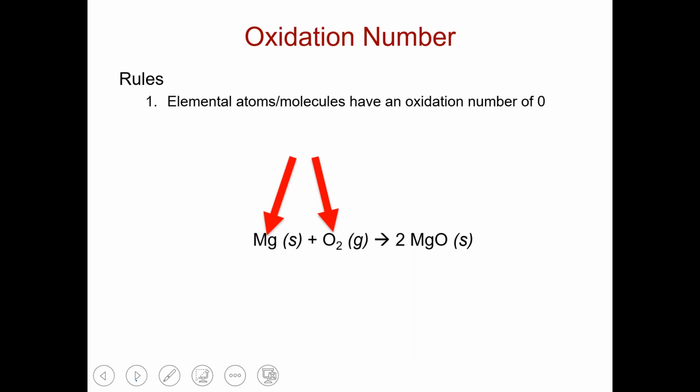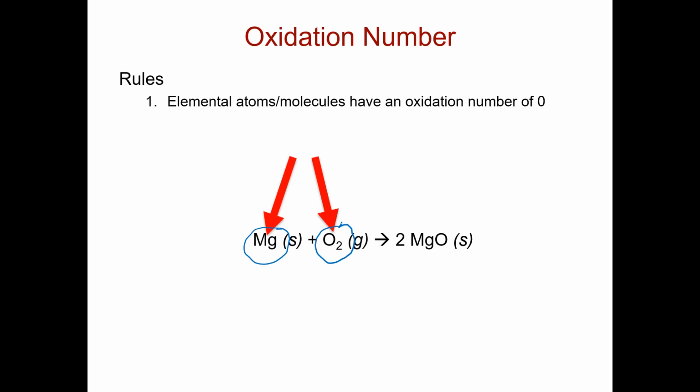So the way that we assign oxidation numbers, an element or a molecule by itself has to have an oxidation number of 0. So if we have magnesium, which is just an atom, or O2, which is a molecule, but it's also an element because O2 is diatomic, those would have oxidation numbers of 0.